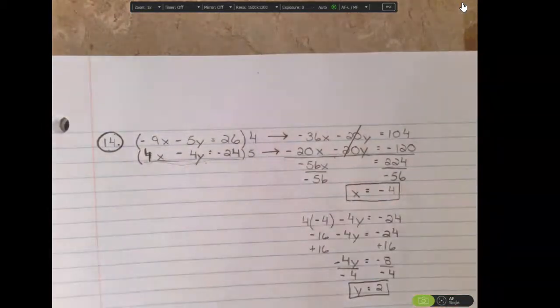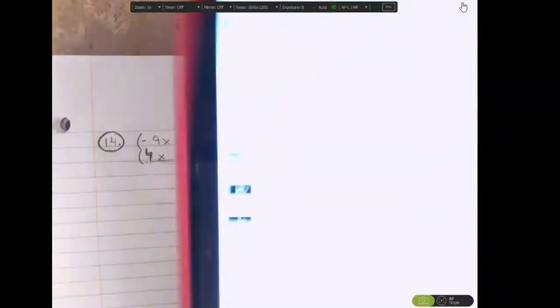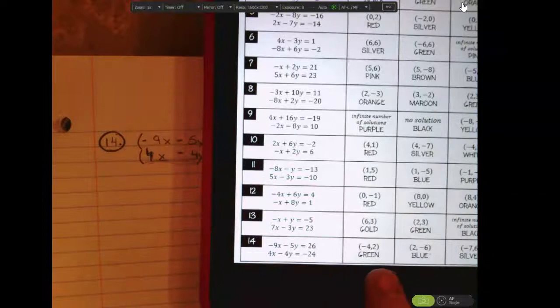So my ordered pair is going to be negative 4, 2. And there you have it, number 14. Last one on the sheet, negative 4, 2.